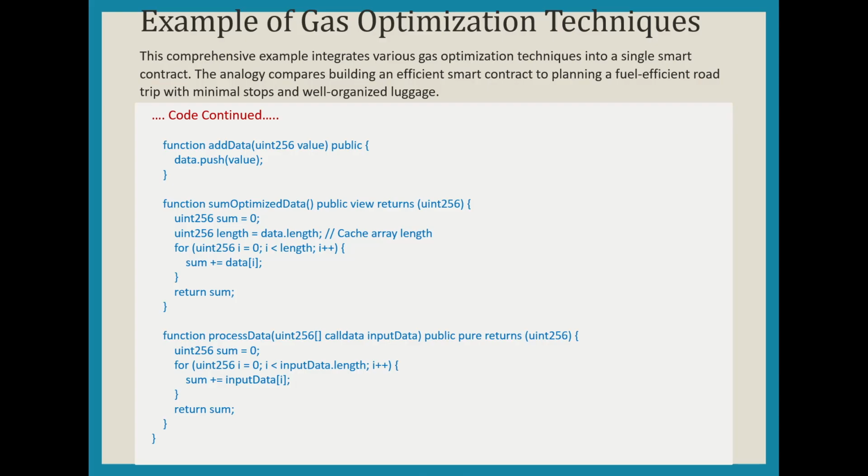This code that we have generated has been used for security enhancements and gas optimization too. So this is essentially it. This comprehensive example showed us gas optimization techniques. Analogy-wise, it compares building an efficient smart contract to planning a fuel-efficient road trip with minimal stops and well-organized luggage.